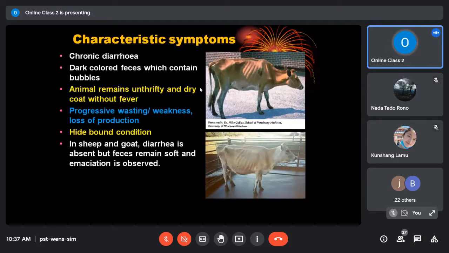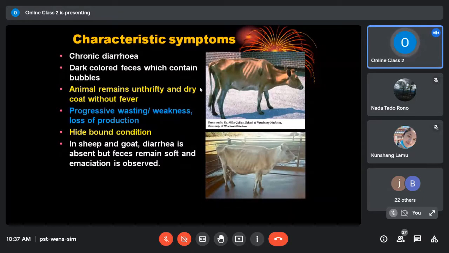The characteristic signs and symptoms of this disease are chronic diarrhea. If you see the feces, they will be dark in color and may contain some bubbles. The animal may remain very unthrifty with a dry coat, without fever.